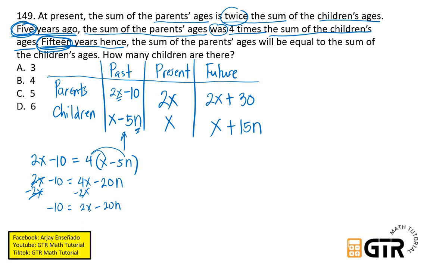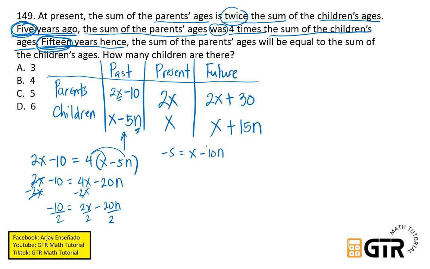And then, pwede natin i-divide both sides by 2 dahil we have negative 10, 2x, and 20n. So, divide natin lahat by 2 para ma-simplify siya. So, therefore, magiging siyang negative 5. Negative 10 divided by 2, negative 5 equals 2x divided by 2, we have x minus 20 divided by 2, that is equal to 10n.